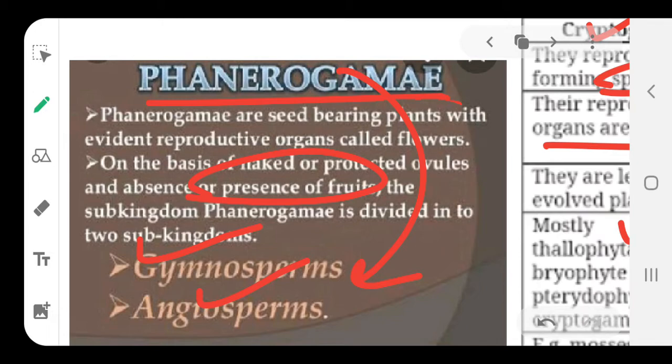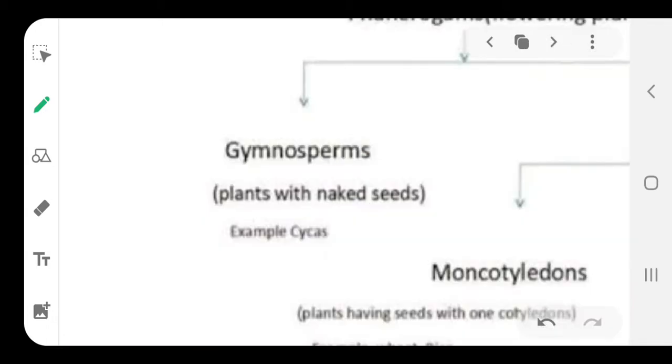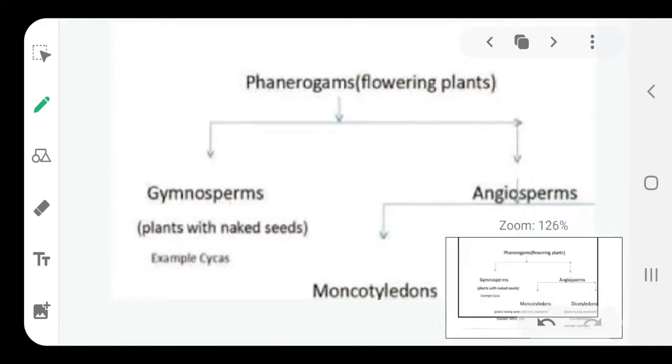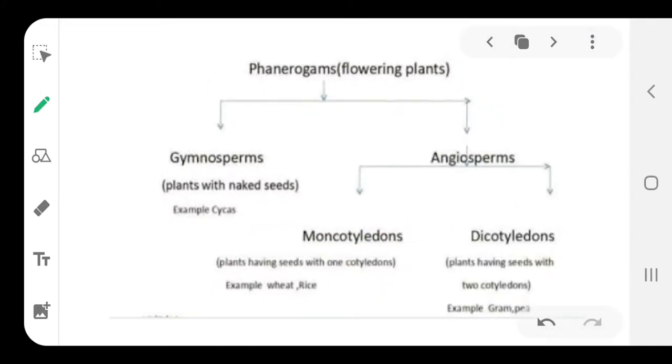So let us see what these topics are now. This is the flow chart that you should be drawing in your bio copy. Have it drawn in your copy as the video tutorial proceeds.